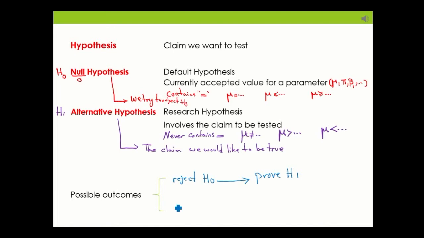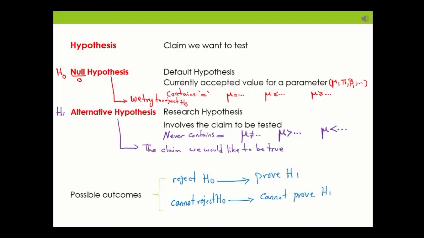And sometimes the sample cannot provide enough evidence to reject H0. And we cannot reject the null hypothesis. So it means that we do not have enough evidence to prove H1 in this case.